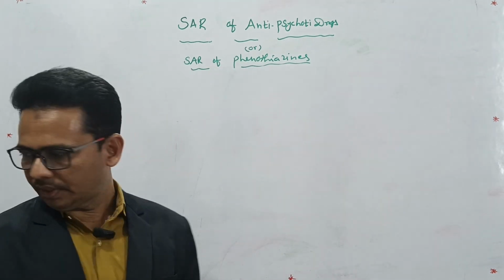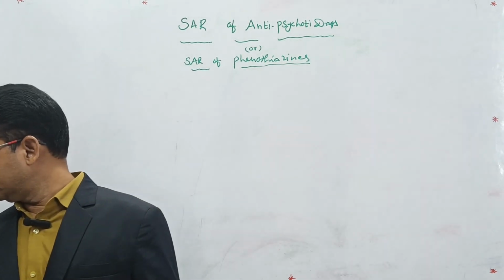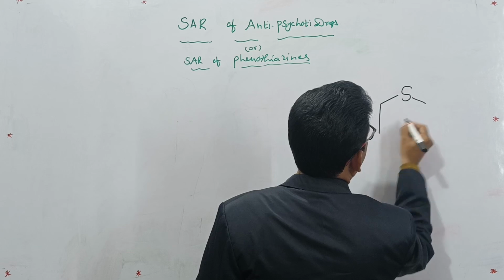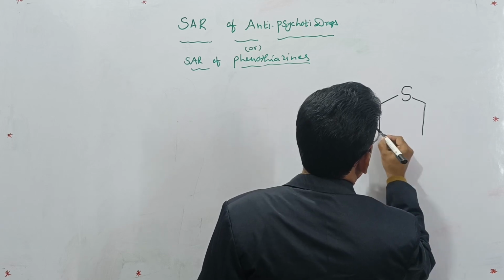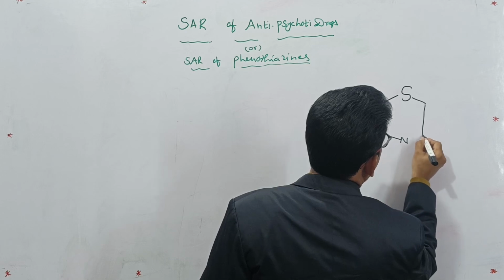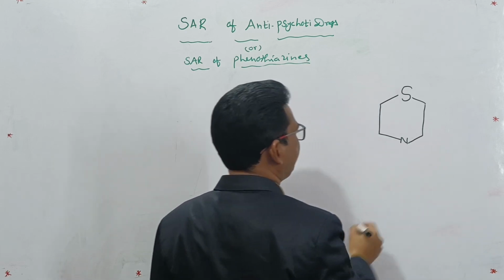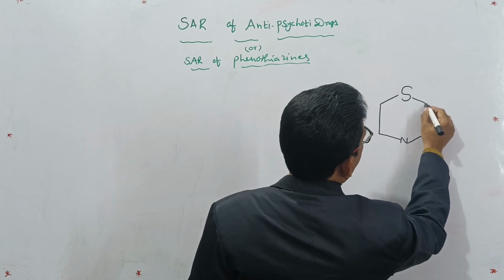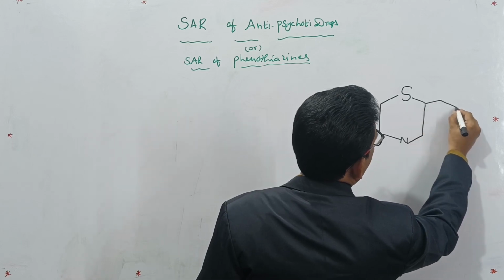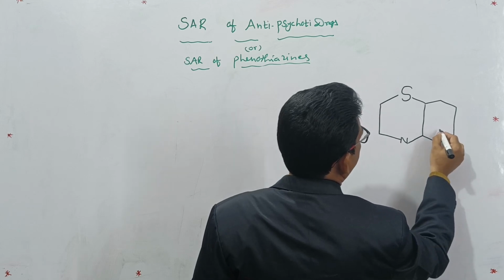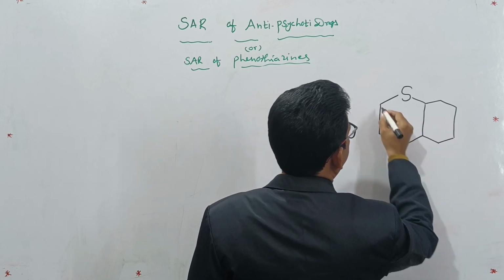Now, I am going to write the general structure for this. This is the thio, and this is the aza. Aza means nitrogen, thio means sulfur, and pheno means on either side it will have a phenyl group, that is nothing but benzene.